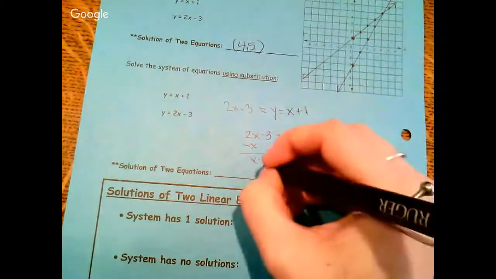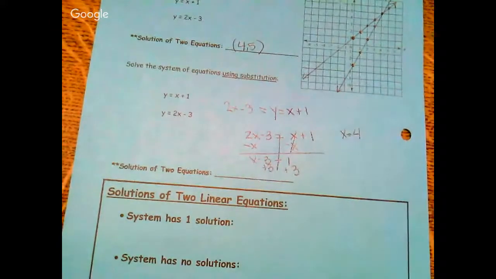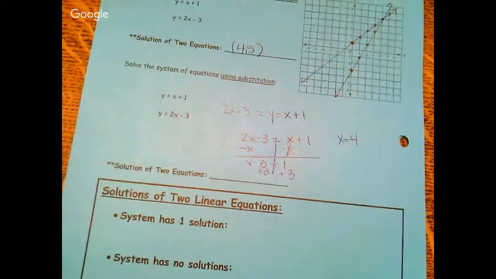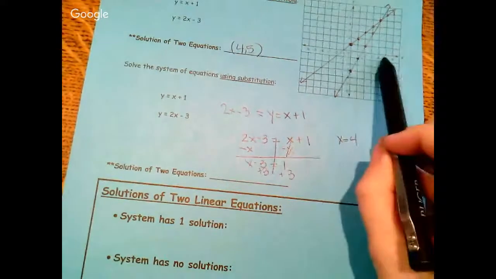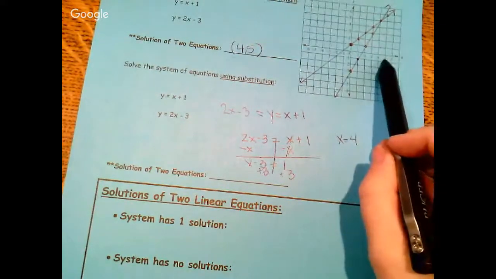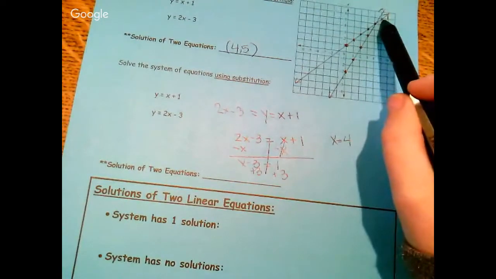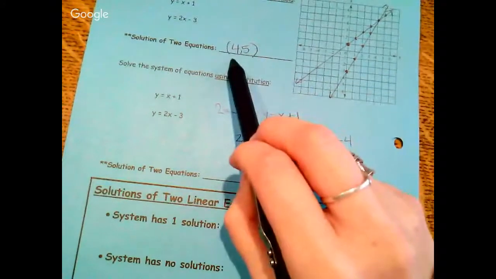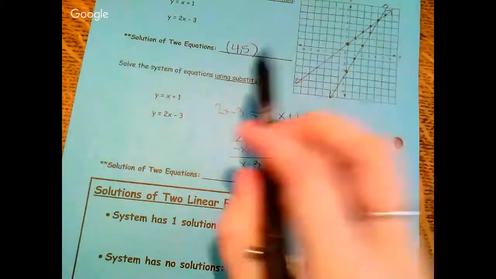Our next step is to add 3 to both sides to get x by itself, so we have x equals 4. So what that's telling me is that these two lines have a solution when x is 4. So we know x is 4 now. We need to figure out the y value in our solution set. And that's exactly what we got up here. We got x was 4 as well. x was 4.